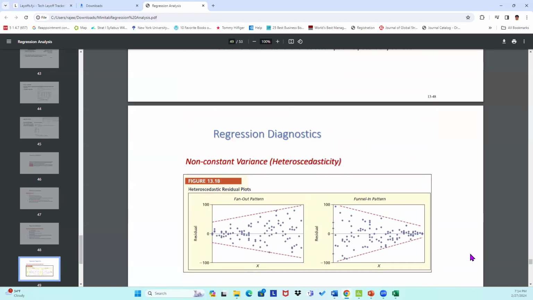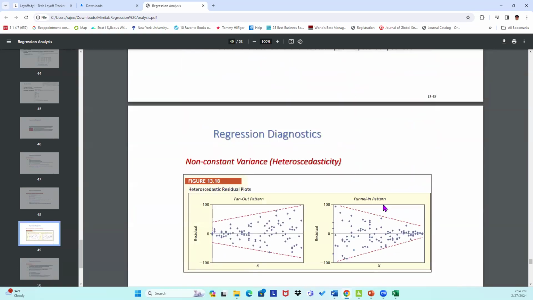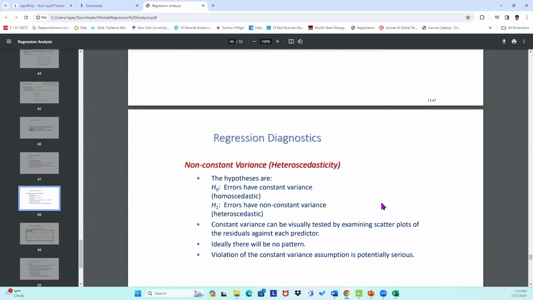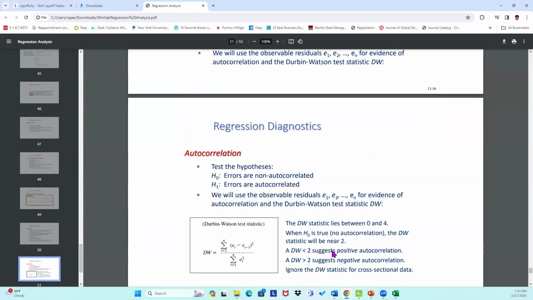Basically, if you see this kind of behavior, funnel in or funnel out, this is heteroscedastic, and otherwise homoscedastic. This is not in our exam, but another thing is whether errors are autocorrelated or non-autocorrelated, and it can be explained by the Durbin-Watson test.